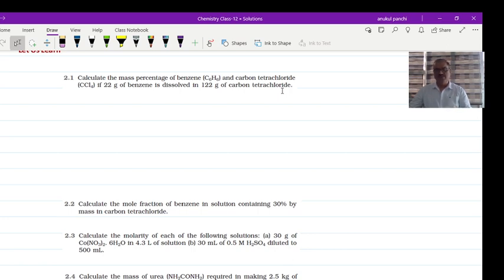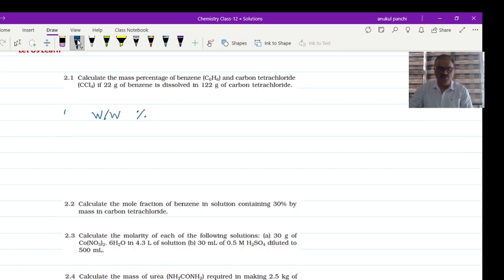Very simple. There are 2 components, benzene and carbon tetrachloride, and we want to get the mass percentage of both the components. So the mass percentage of benzene will be, let us calculate, W by W percent, the symbol for mass percentage.